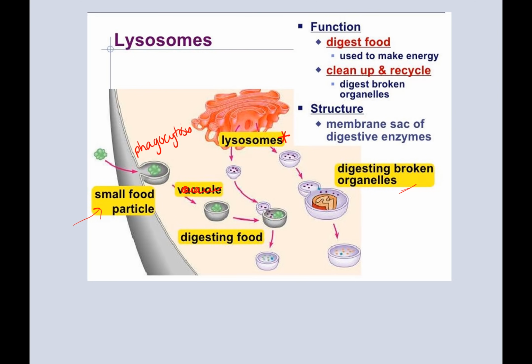A couple other terms to note. One is that these proteins, lysosomal proteins, have a specific tag, and it's called a mannose, which is a sugar, 6-phosphate tag.